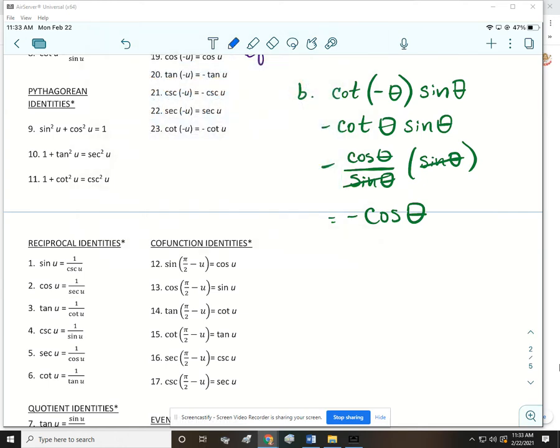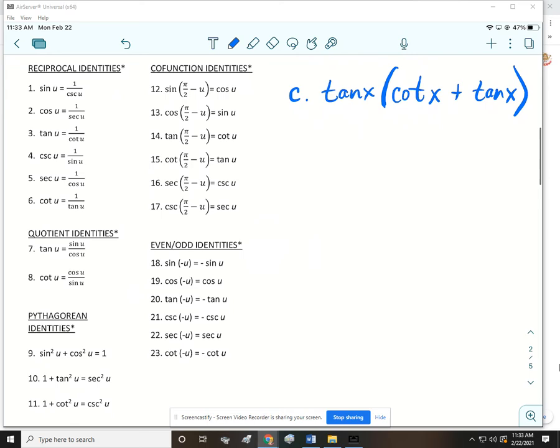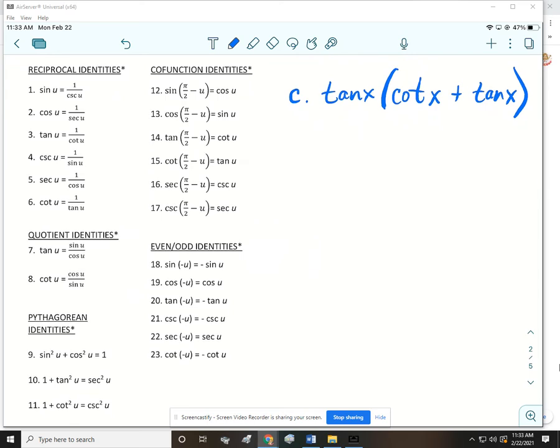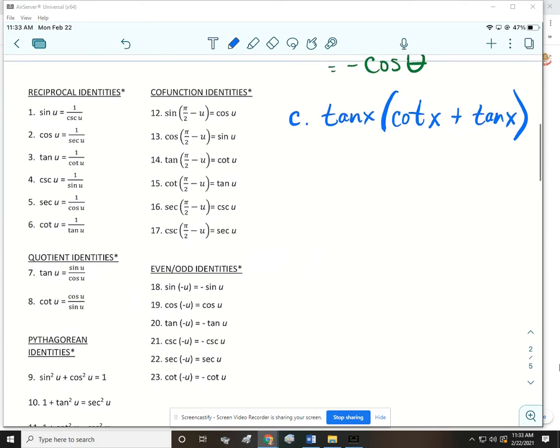All right. For C, we have tangent of x times the quantity cotangent of x plus tangent of x. What we're going to do is the distributive property, so we distribute this tangent of x.